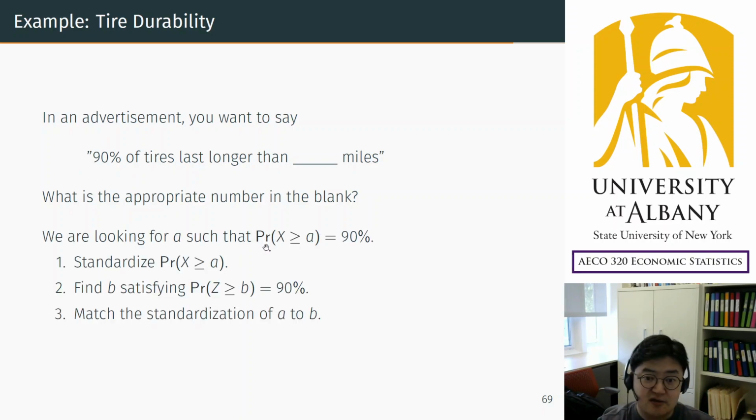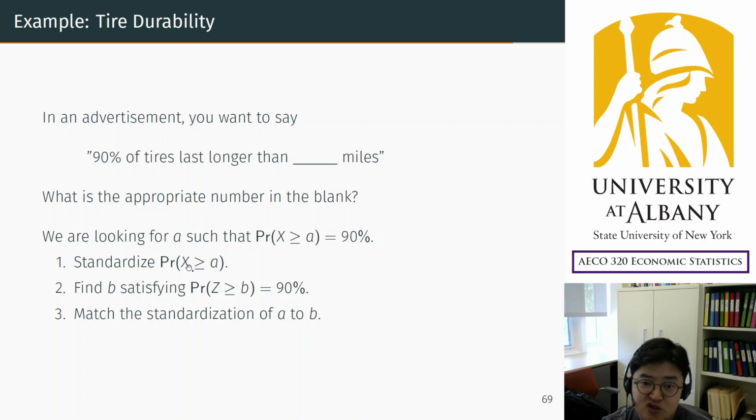So statistically, we have this condition. You have to find A such that the probability of tire life greater than A is 90%. What is A? That is our question. Then we are going to follow these 3 steps.